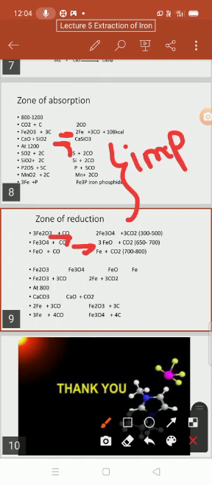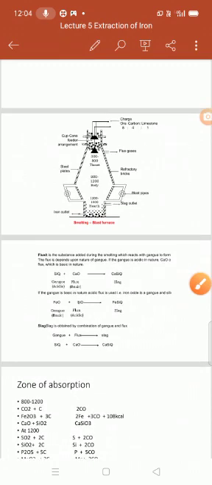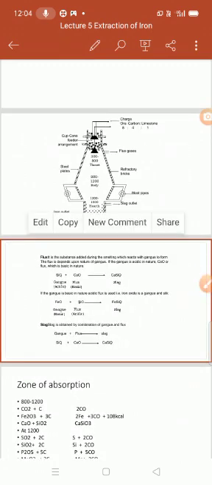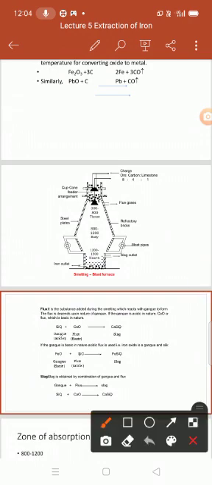The next one is the zone of fusion. The melting point of pure iron is 1530 degrees Celsius, and this applies in the zone of fusion.